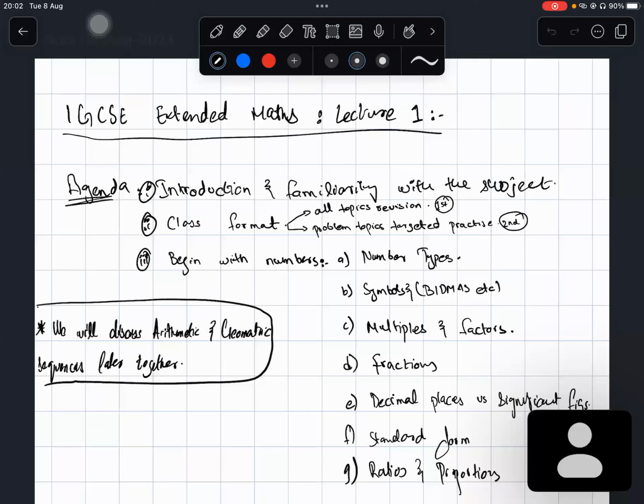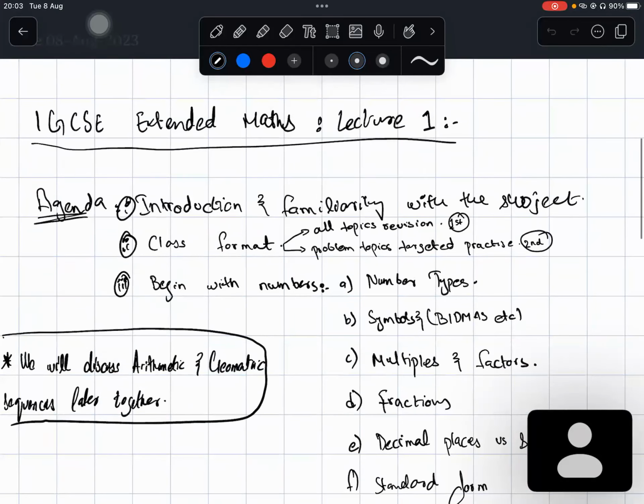Yeah. Okay. That's good. Okay, so let me discuss how we're going to take the class and what sort of agenda we have for today's class, and then we can discuss if that's the right approach, and if you're on board, then we can continue. So basically, what I think would be appropriate is if we start with revising all the topics from one up until the last one, which is 11th or 12th.